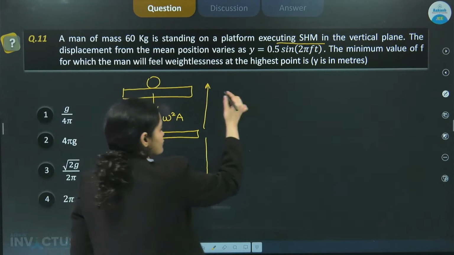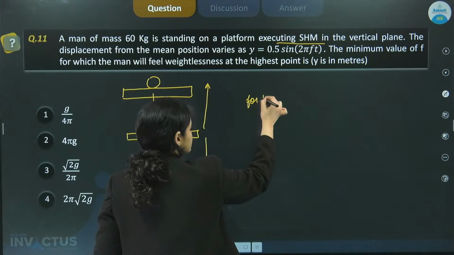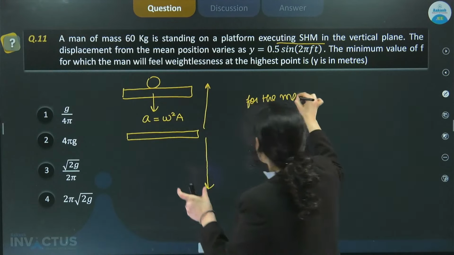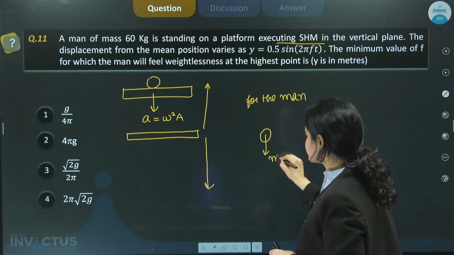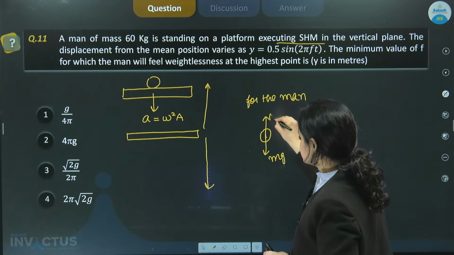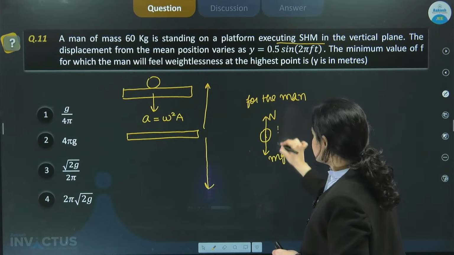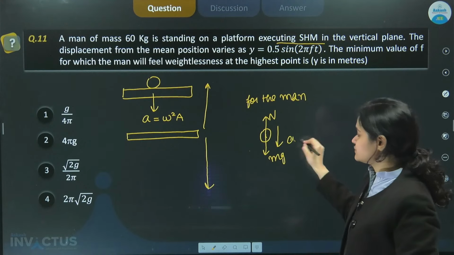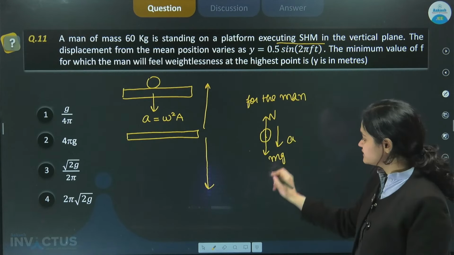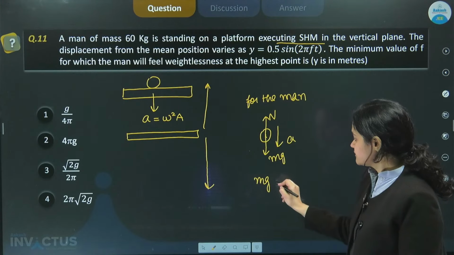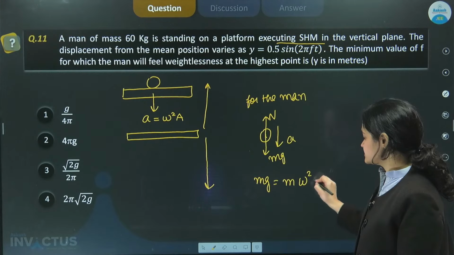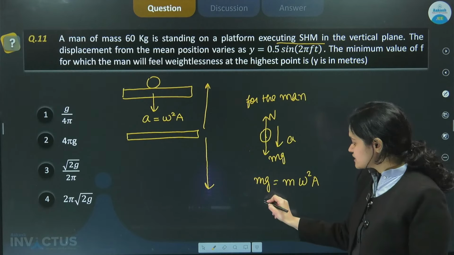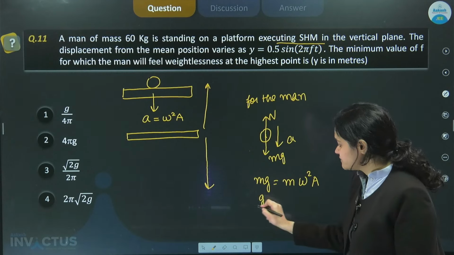Now for the man, if that person is feeling weightlessness, that means normal reaction is going to be 0 at this moment. The person is supposed to accelerate with an acceleration a, so I can write mg is equal to m into the acceleration of the platform on which the person is standing.